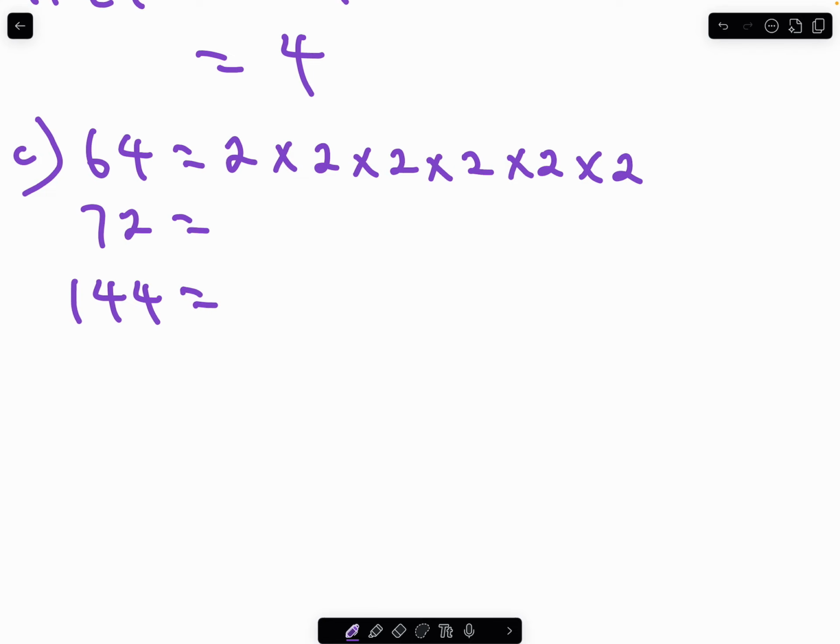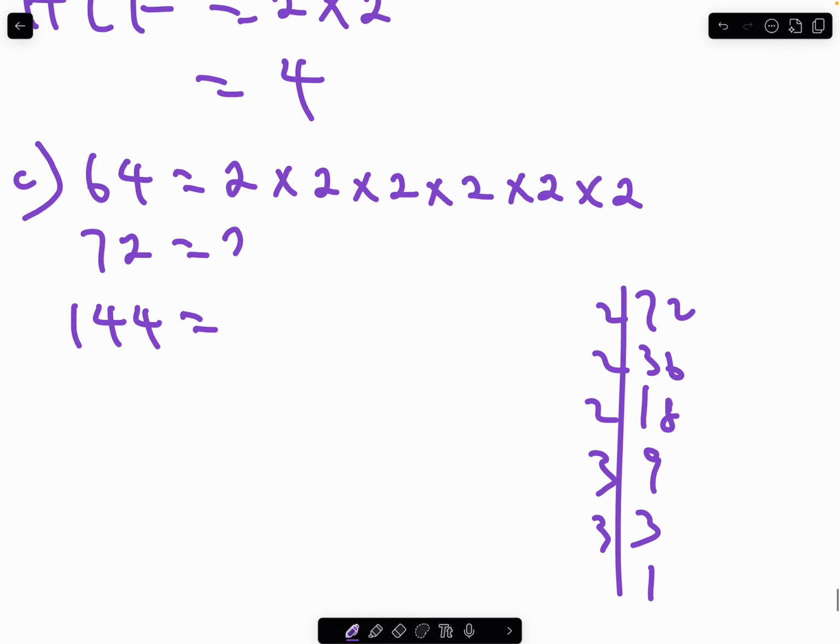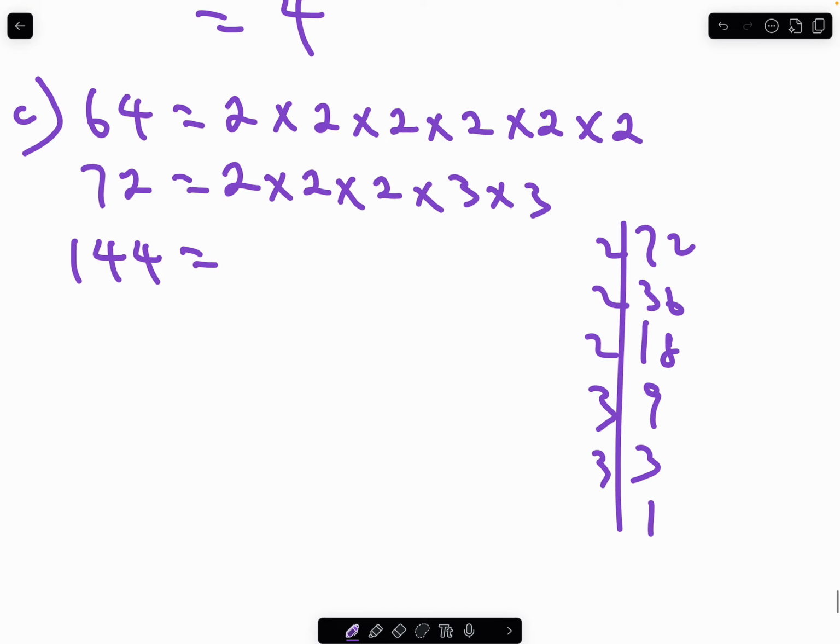And 72, let's check that. 72, 2 in 72 is 36. 2 in 36 is 18. 2 in 18 is 9. 3 in 9 is 3. And 3 in 3 is 1. 72 is 2 times 2 times 2 times 3 times 3.